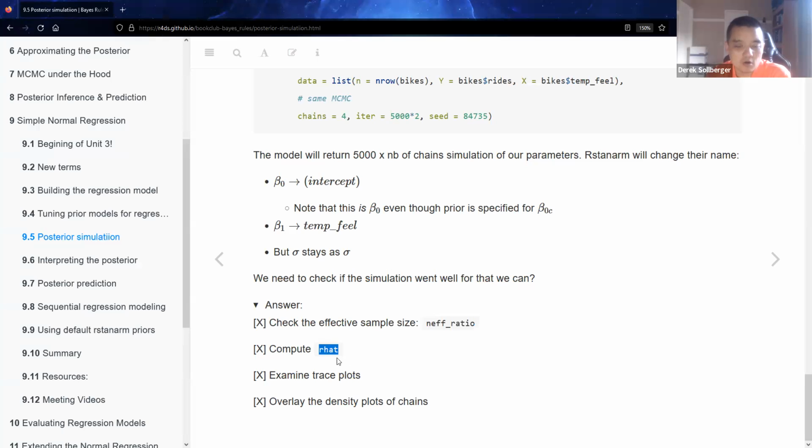We could look at the R hat measurement. We could look at the trace plots. Remember that MCMC processes should look chaotic, but in an unorganized way. And we could look at the density plots of the chains. That is, if we're building approximations to the posterior distributions for each chain, their density should look pretty much the same, implying the same posterior distribution.